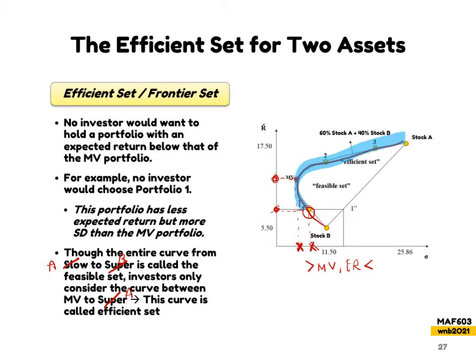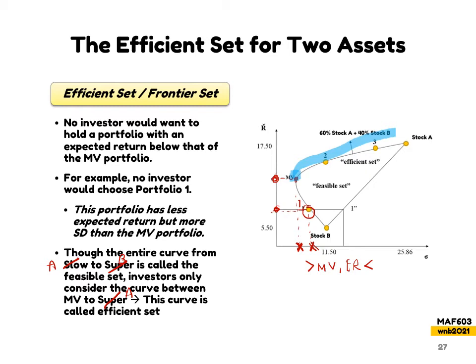Even though we have an opportunity set from B to A, the efficient set, the investment choice which is considered to be efficient, starts only from the MV point up until stock A. This part is not.